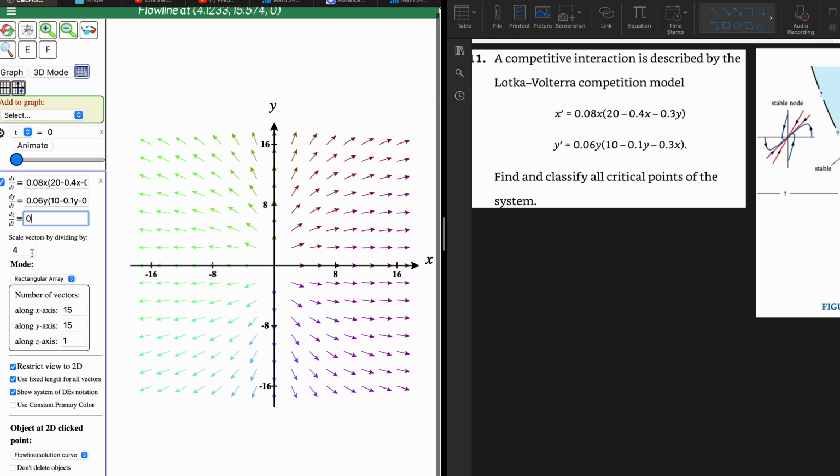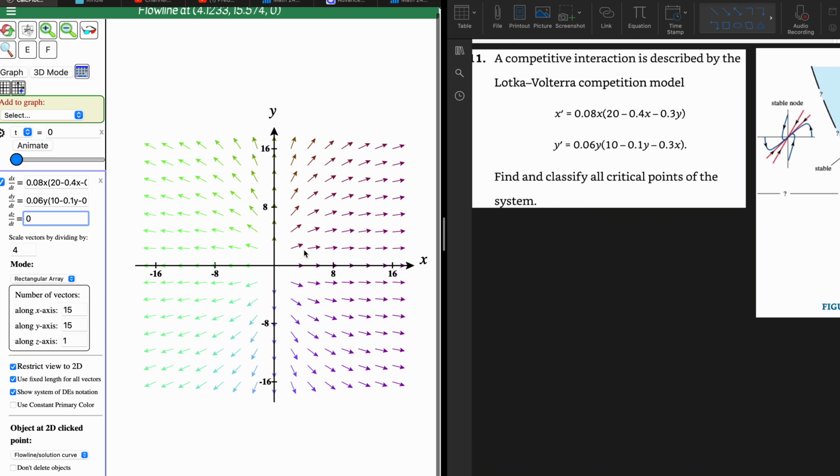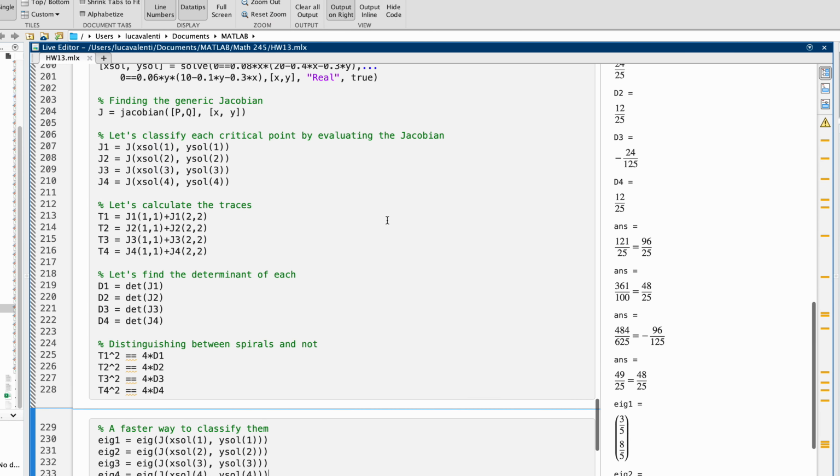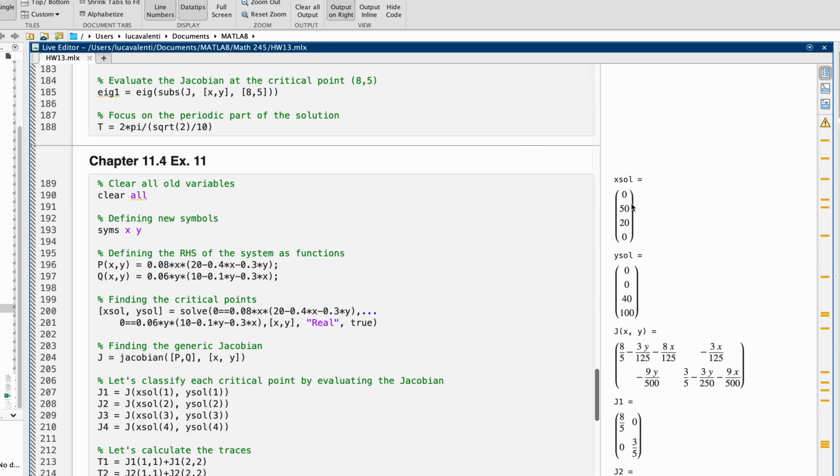And that is 0. Now we have these. Let's zoom in a little bit. And it looks like we're only getting an unstable point here, because what we found was that these were the unstable points.